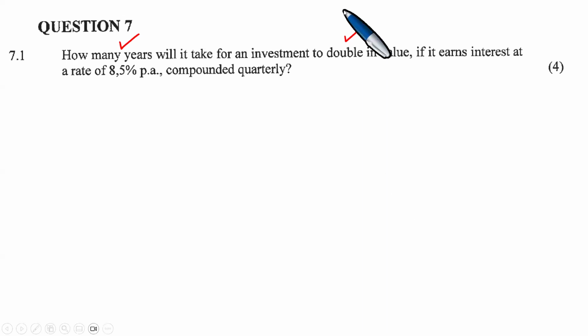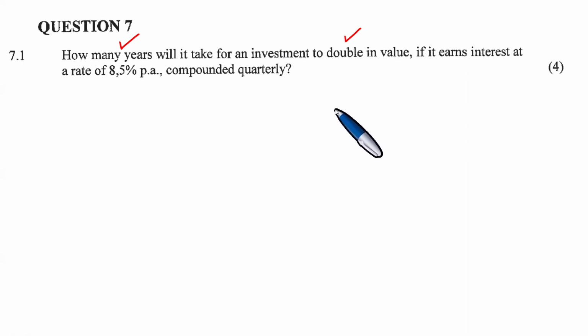Nombuso, if Nombuso is still here. Maybe the network is bad. Nombuso. How many years will it take for the investment to double in value if it earns interest at a rate of 8.5% per annum compounded quarterly? Nombuso. Sir. Yes.